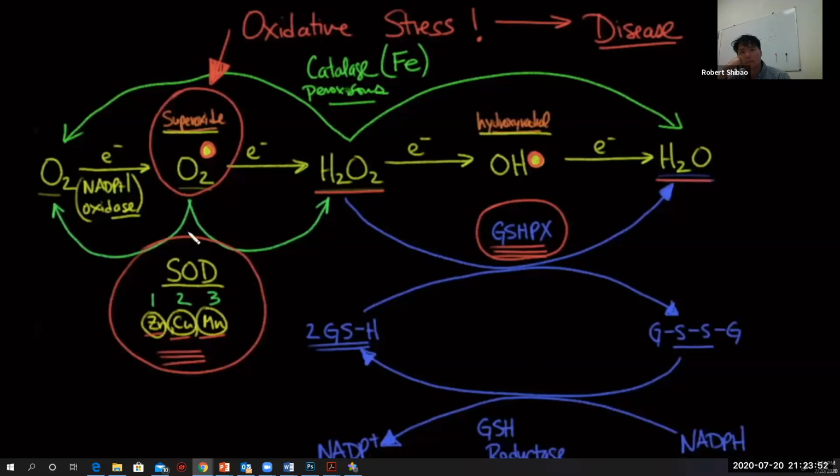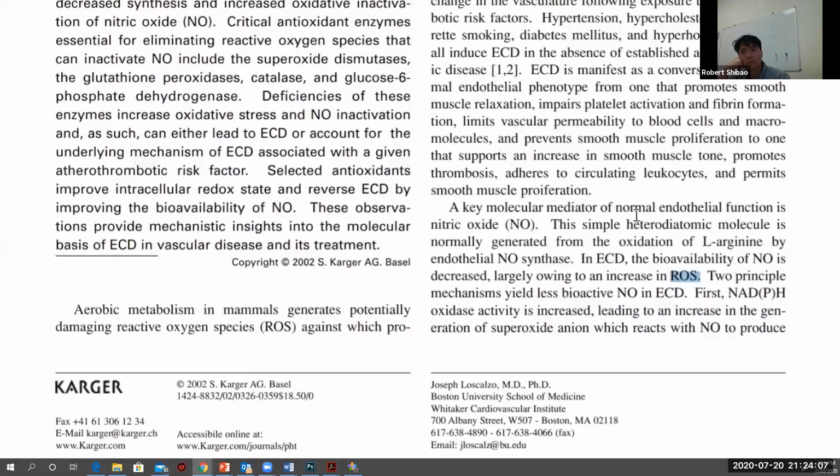For instance, zinc, copper, and manganese is essential for superoxide dismutase. And certain types of antioxidants can reduce glutathione peroxidase. What's really important in normal endothelial function is this molecule called nitric oxide. In fact, nitric oxide is how angiotensin 1,7 works.